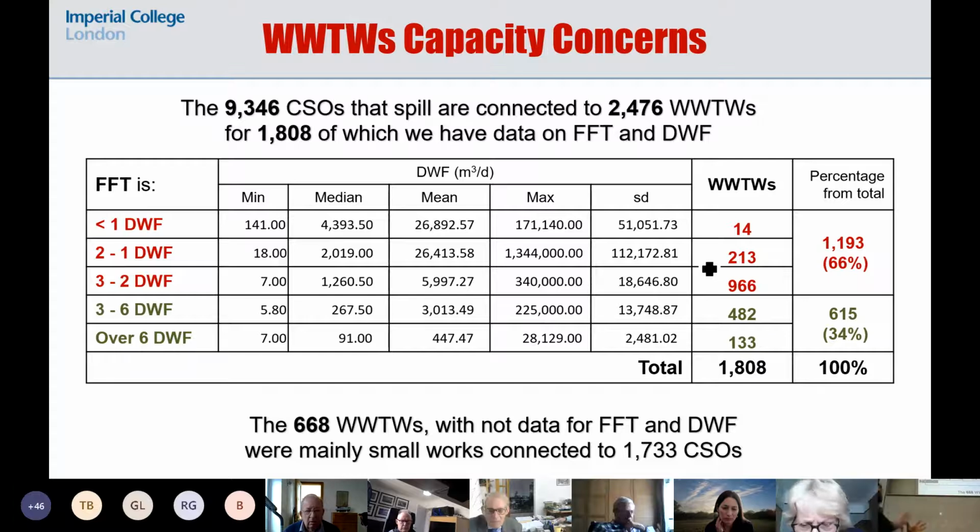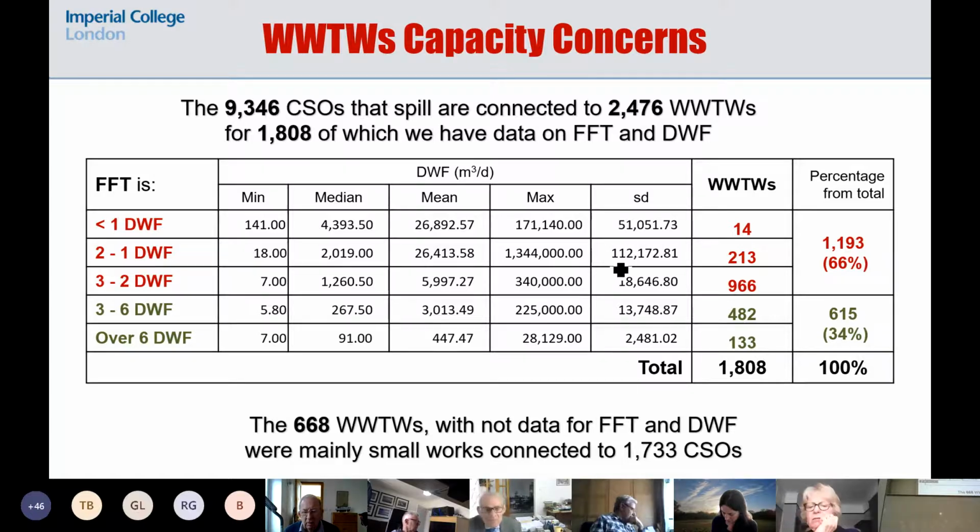Now, this tells you that the ones that are red do not have enough capacity to even carry their own dry weather flow, not the addition of rain when it rains. So in theory, they could be spilling even when it doesn't rain. Well, for the last 2 categories, in theory, you have enough capacity, although they do spill also.